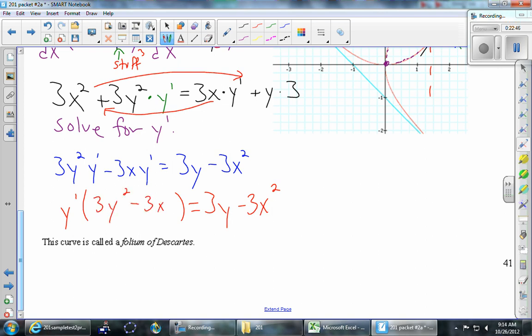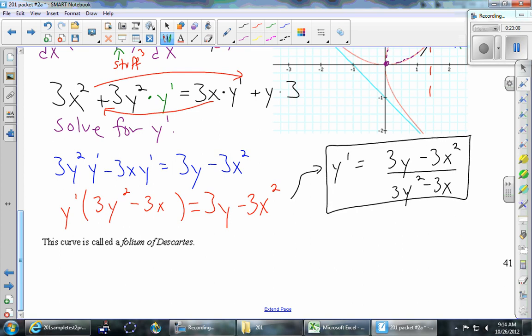Good. And then finally, I'm going to solve for y prime. So we'll divide both sides by the parentheses. Yes, you can cancel out the 3's. You could factor 3 out of the top and 3 out of the bottom and then cancel. Absolutely.